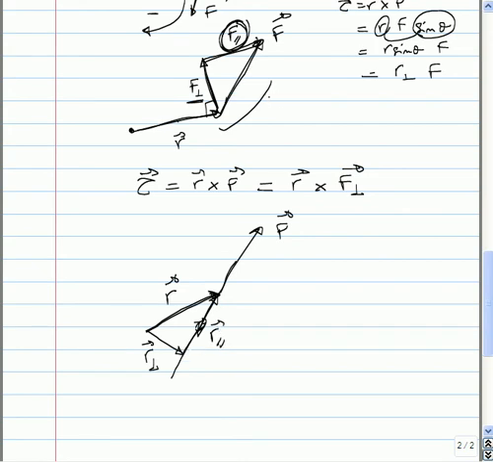We've done exactly the same thing as here, except instead of decomposing the f vector as one perpendicular and one parallel to r, we're decomposing the r vector, holding f fixed, as r perpendicular to f and r parallel to f. So again, to calculate the cross product r cross f, all you have to do here is consider the r perpendicular to f, because the r parallel will not give you any value.